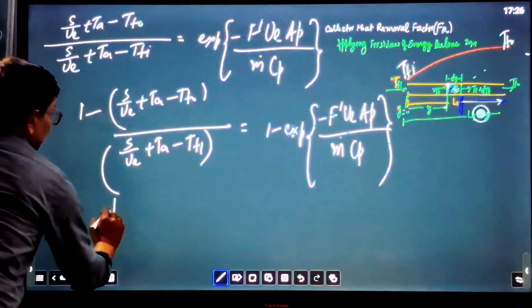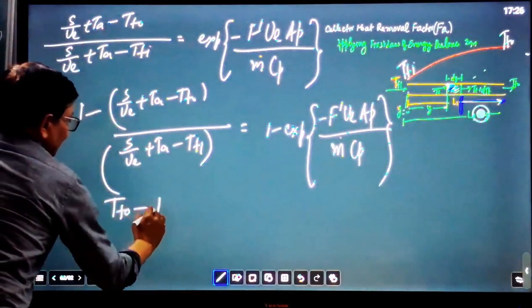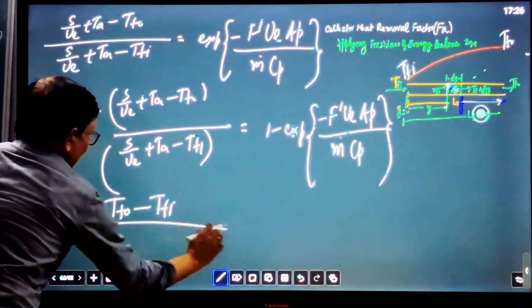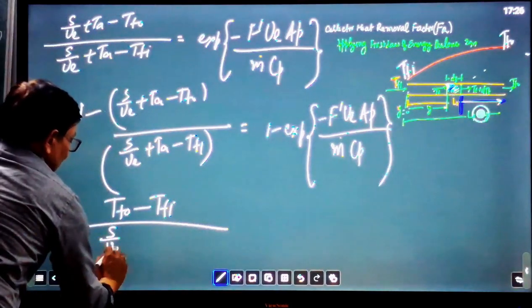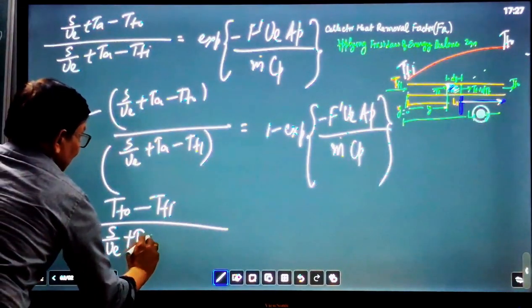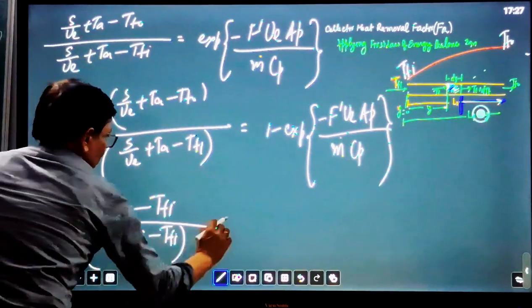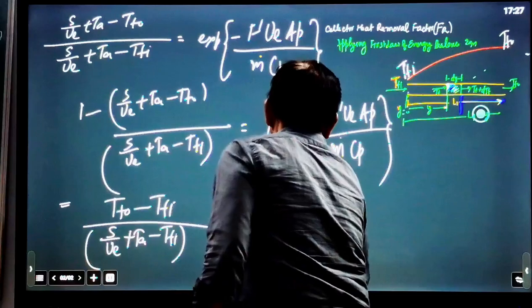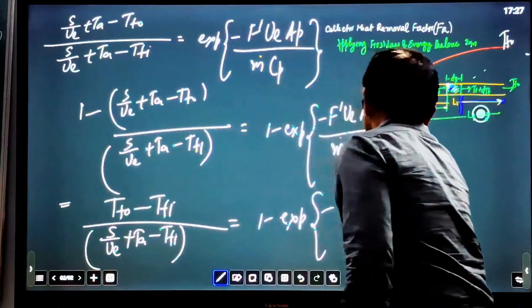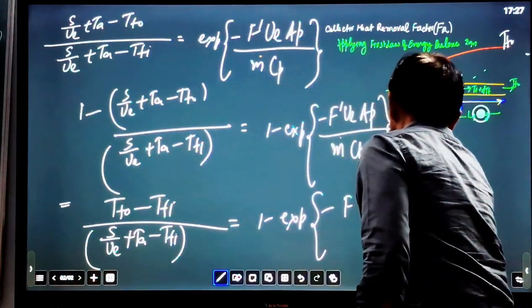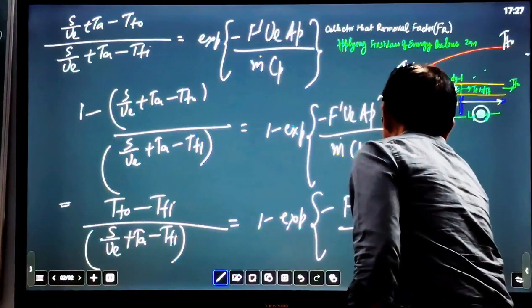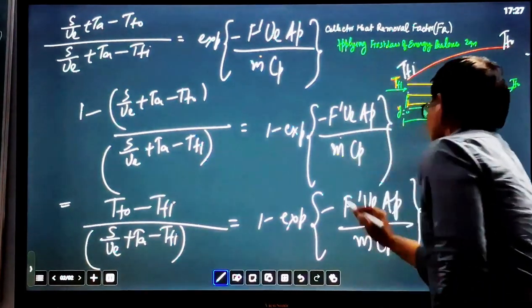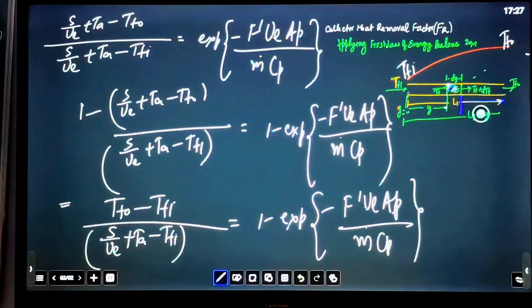Simplifying this, we get (TFO − TFI)/(S/UL + TA − TFI) equal to 1 minus exponential of minus F' UL AP/(m dot Cp), where m dot is the mass flow rate in kg per second.